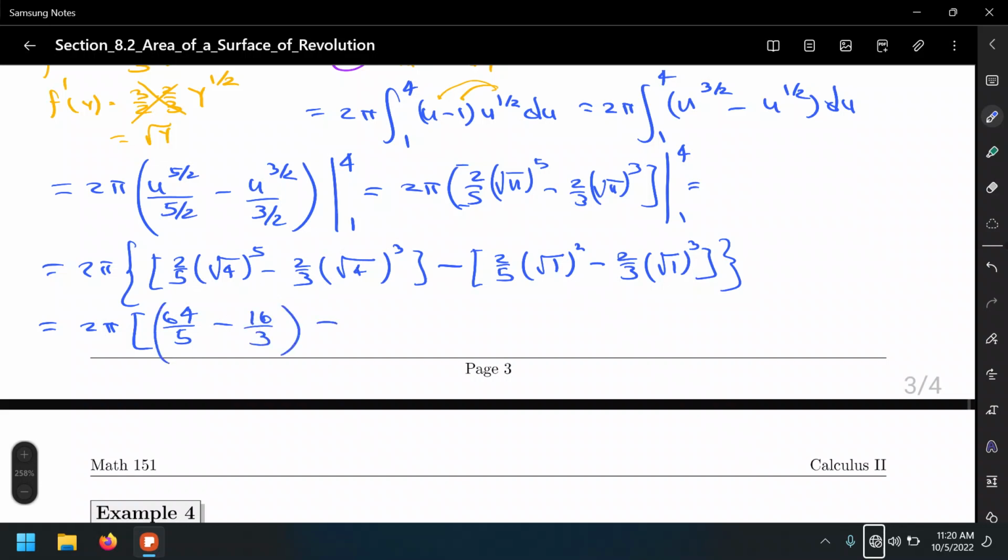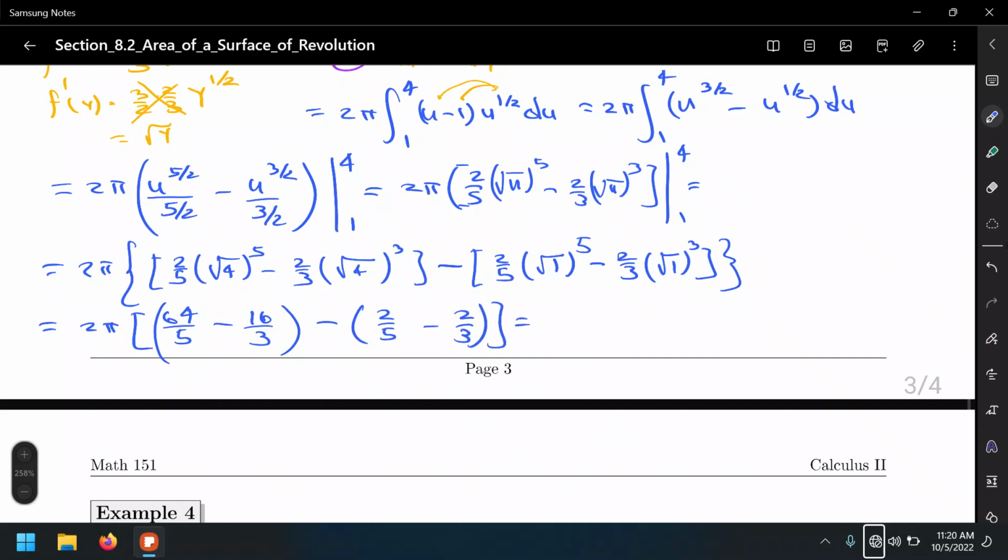So that's the first term. The second term: square root of 1 is 1, and to the 5th and the cube it's just 1, so that leaves us with 2/5 minus 2/3.